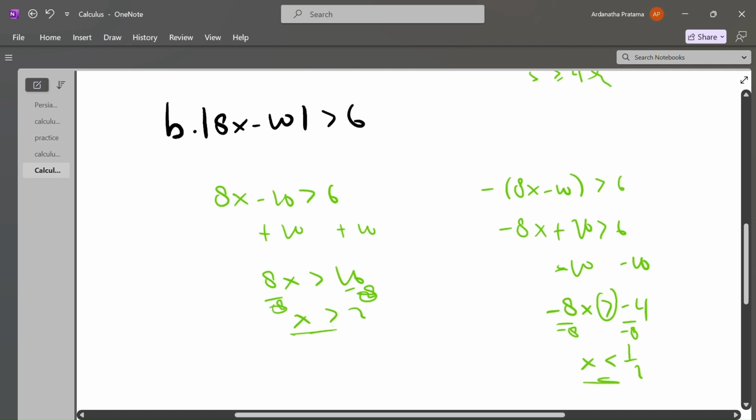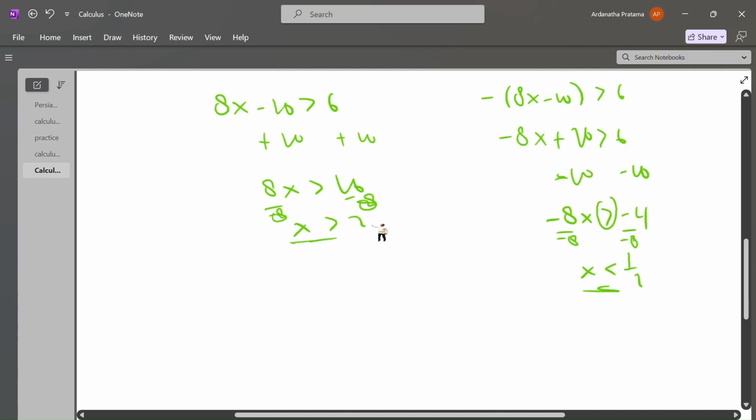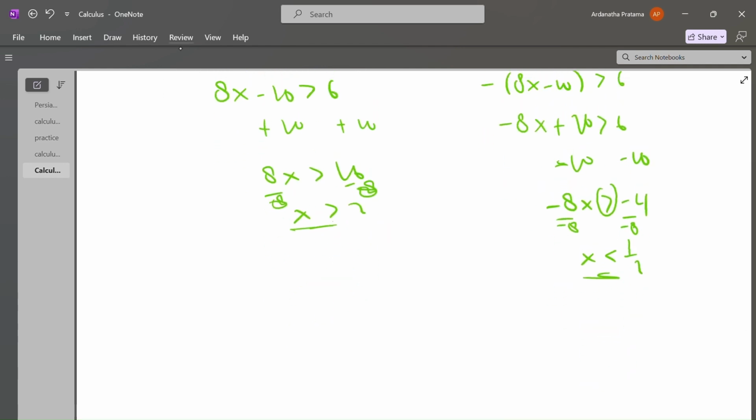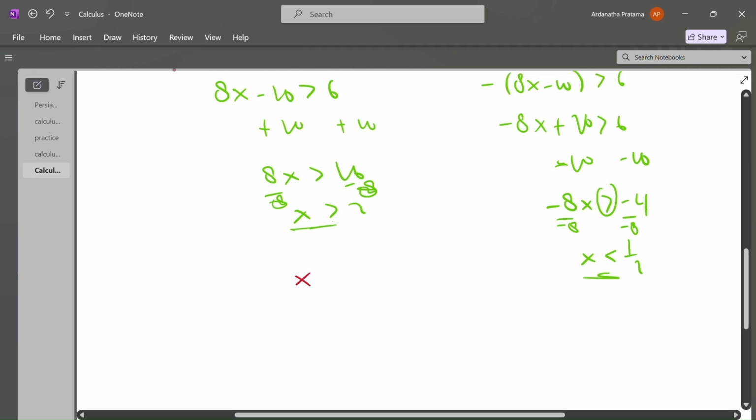Let's test it out. Now I will substitute for the first solution. We have x is greater than 2, so we start with x equals 3. This should be the absolute value of 8x minus 10 is greater than 6. So with x equal to 3, we have 8 times 3 minus 10, which is absolutely 14.